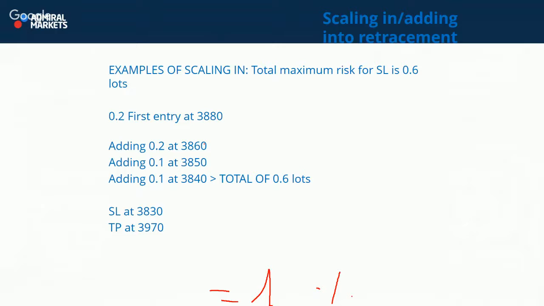And then we are adding another 0.1 at 38.40. So it's a total of 0.6 lots, right? 0.2, 0.2, 0.1 and 0.1 is 0.6 lots, right? Stop loss is 38.30. TP is at 39.70.